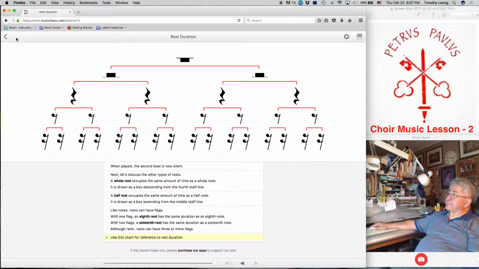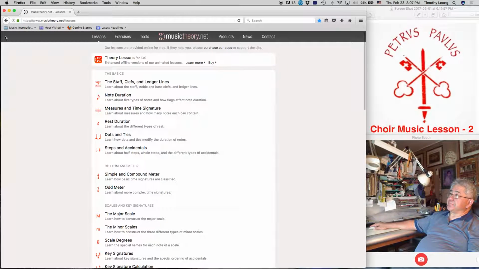All right. Moving along. We'll cover dots and ties later because we're going to get into more complicated things as things move forward. I just want to make sure that you understand that rests are just as important as notes, which is the sound. The stuff in between the sound has a profound effect on music.